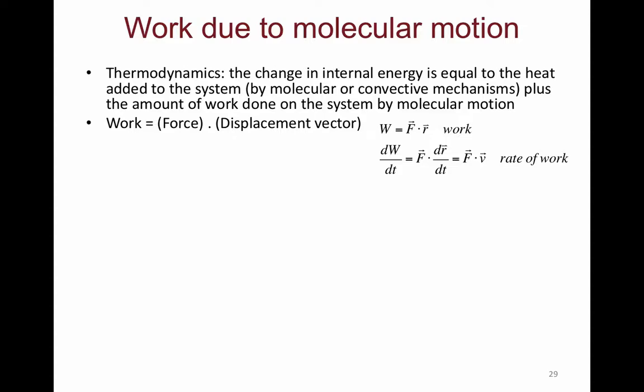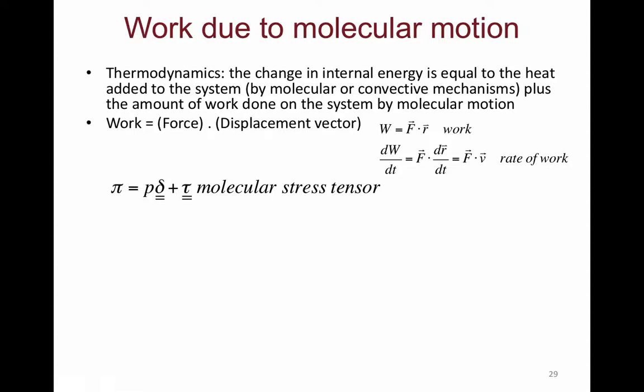So if I look at the rate of work, okay, and my force is constant for that time being, then what I will have is that the rate of work, or the rate of energy change due to work, is F dot velocity vector, because my derivative in time passes on only to displacement. Okay? So now I have to translate that to fluid mechanics and my stresses that I actually have.